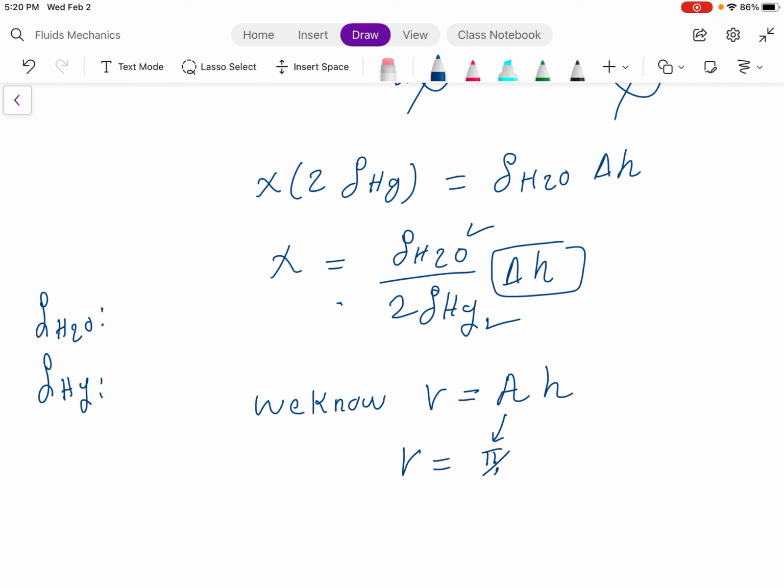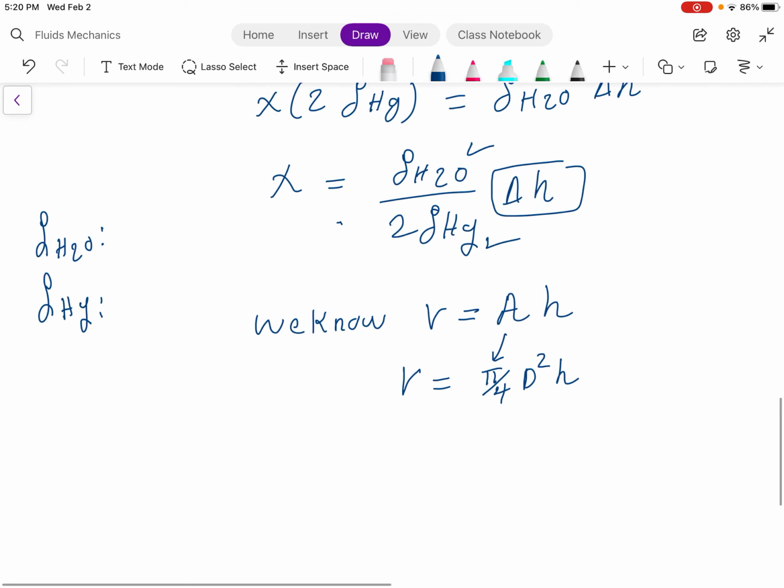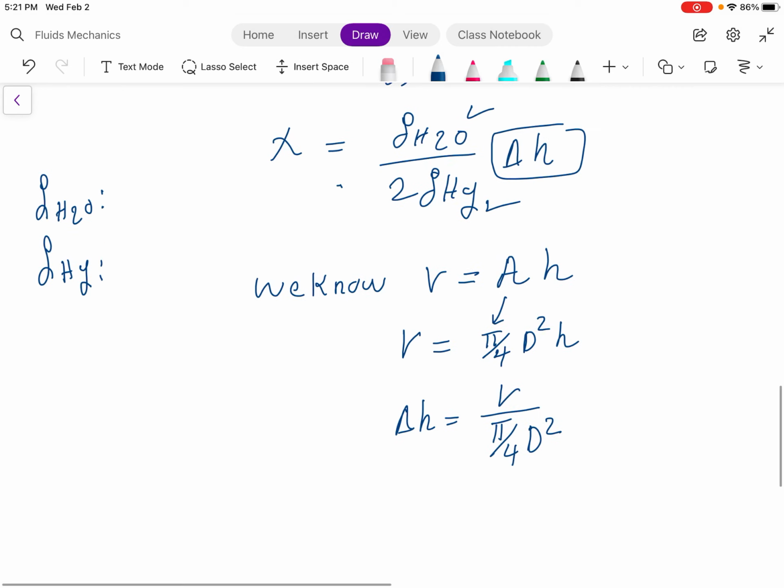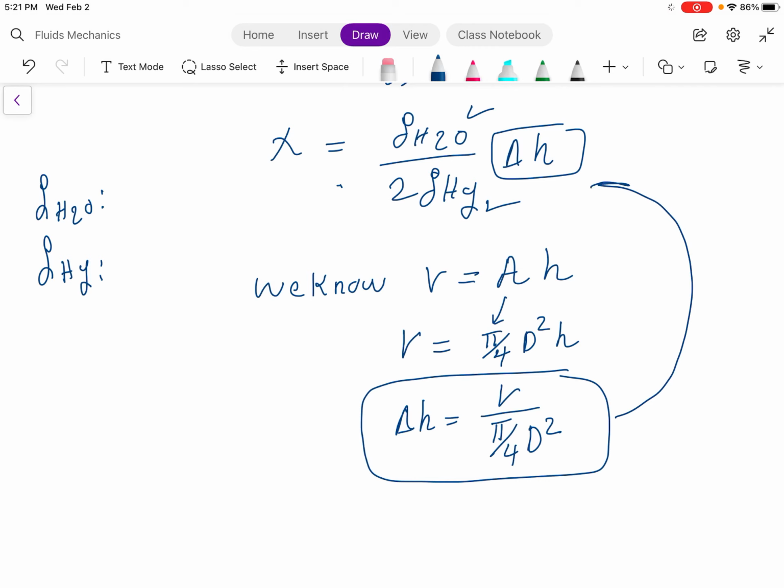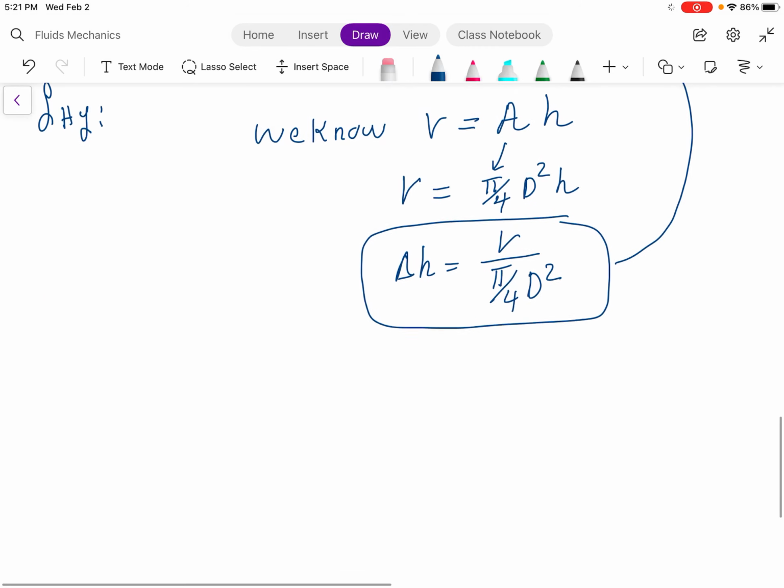It's pi divided by 4 d squared multiplied by h. So, what is delta h in this scenario? It's gonna be equal volume divided by pi over 4 d squared. So, we found an equation for delta h that we can substitute to find the value for it.